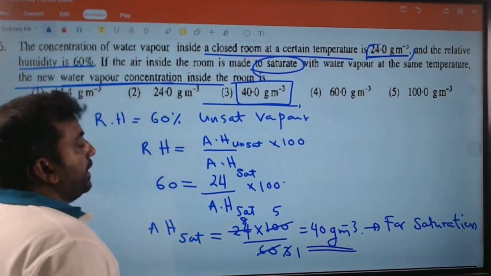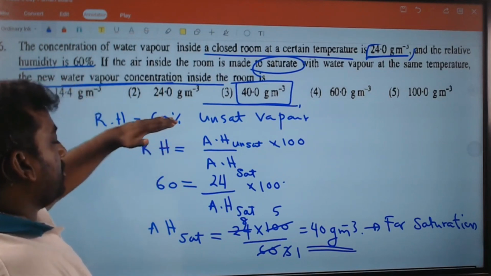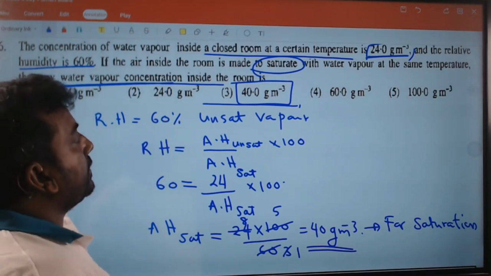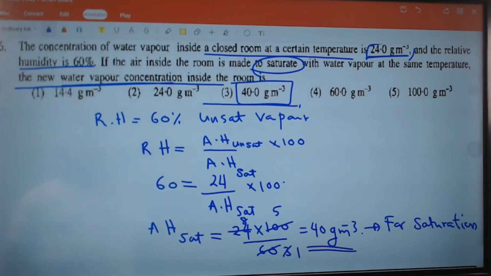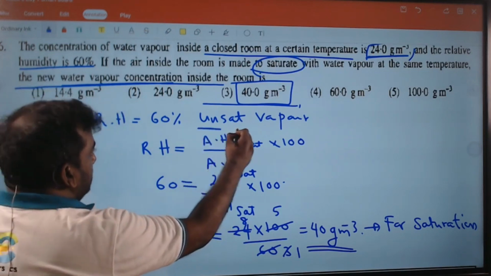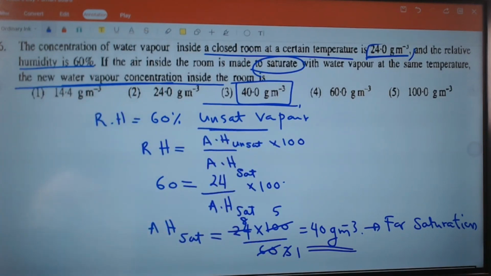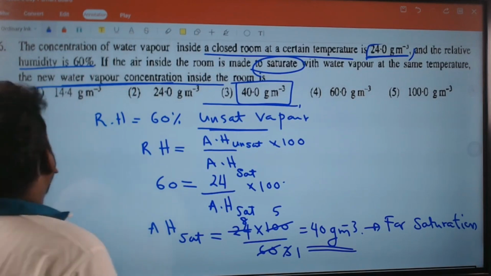When relative humidity is at 60%, it is an unsaturated vapor.